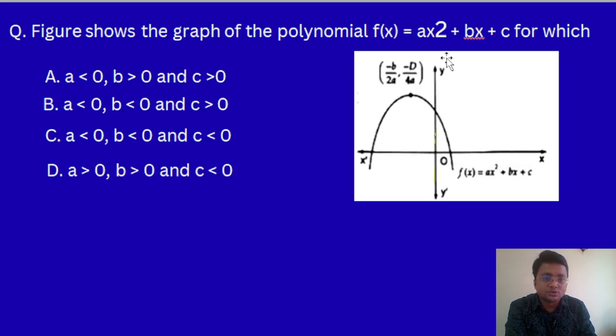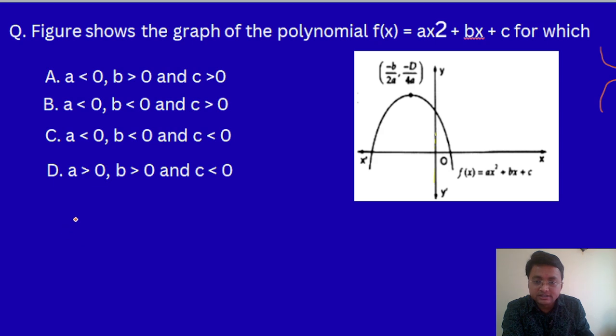In this question, the same question is there, but this is a downward parabola. In the previous question it was an upward facing parabola. Here it is a downward facing parabola, right? So when it is a downward facing parabola, then the sign of A will be negative.